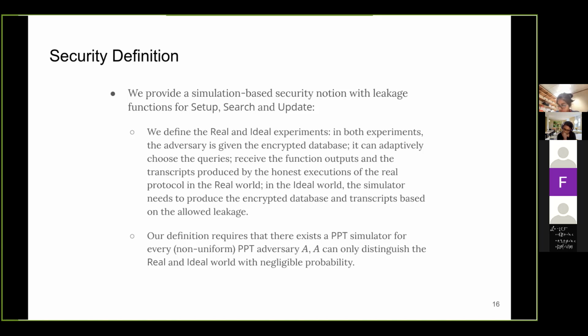Usually it's very easy to define, because whatever the protocol is, you have the correctness, and you know what the simulator in the ideal world should be given.